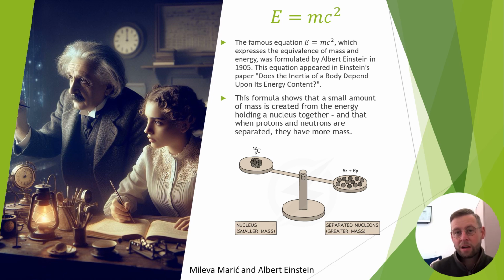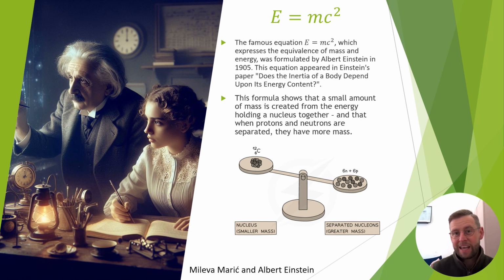Now that means that a lone proton by itself has more mass than a proton inside a nucleus. So it doesn't make sense to define an atomic mass unit relative to the mass of an unbound proton.